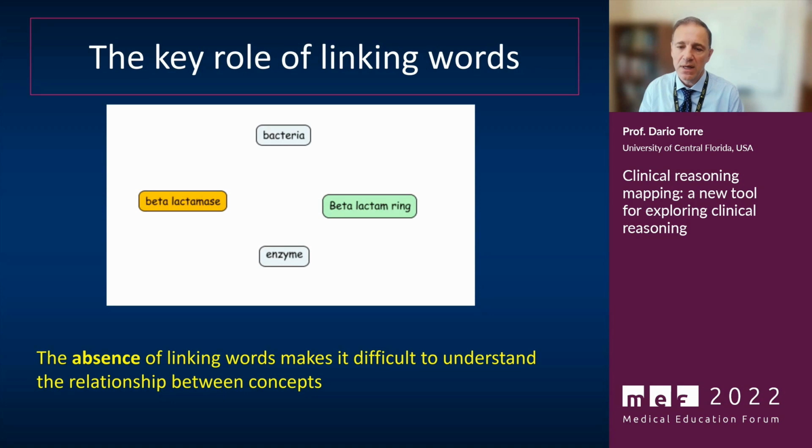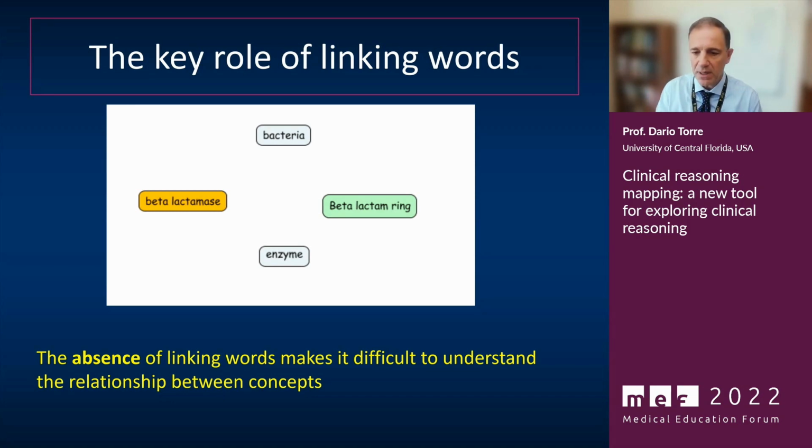As you can see in this slide, there is an absence of linking words. If I were a student and were to place a series of concepts within the slide, it would make it difficult to understand the relationship between concepts.